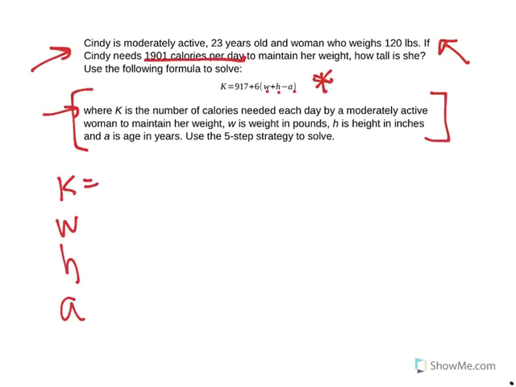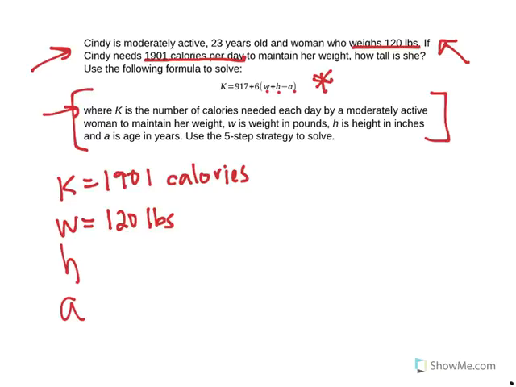So for K, we're going to write 1901 calories. Then it says here that W is the weight in pounds. We also know that Cindy weighs 120 pounds. So for W, I'm going to write 120 pounds.